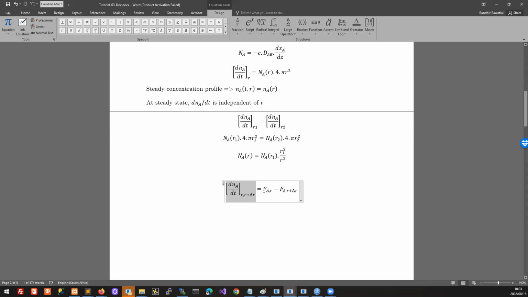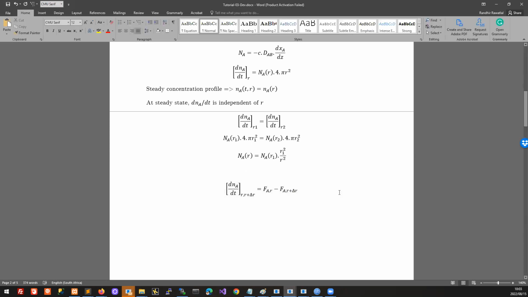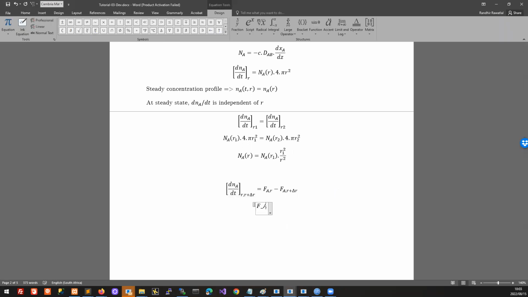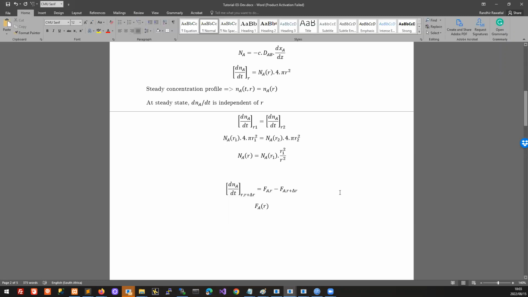And if that's 0, then that means at each radial position your molar flow rate is the same. So we can say here F_A as a function of R is a constant.